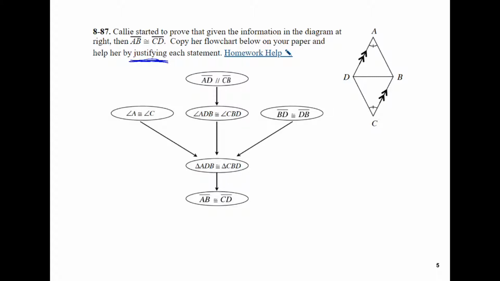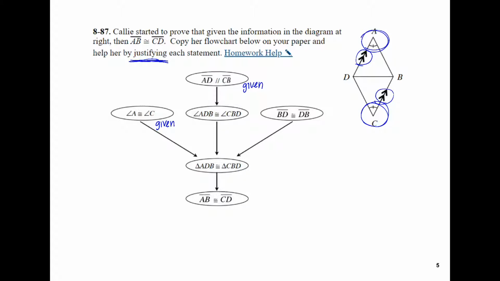So when we have AD is parallel to CB, we know that because it's drawn on our picture. So our justification is going to be that that was given to us. We also can see that angle A is congruent to angle C, and our justification is that is also given to us in the diagram.